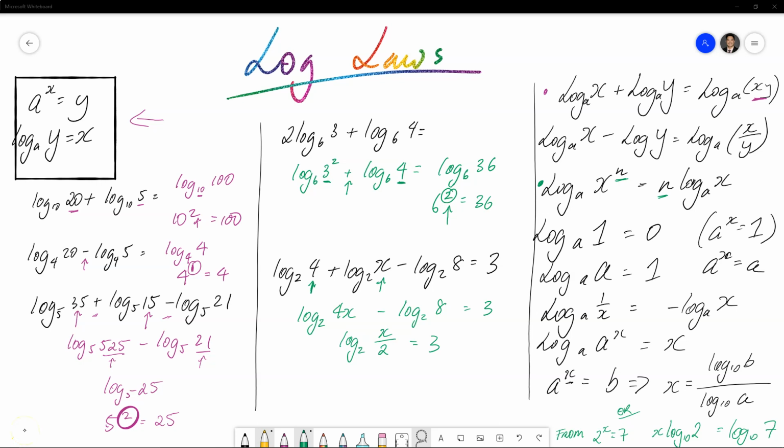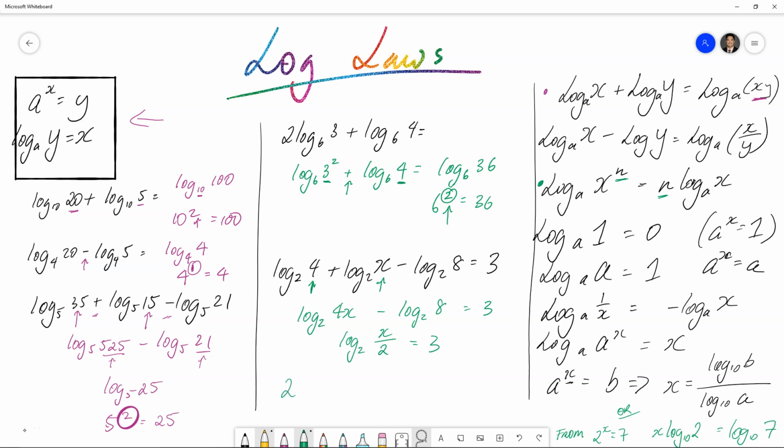Now when we get to this point, let's revert into index form. What we'll end up having is 2 to the power of 3 is equal to x over 2. So we're no longer looking for what the power is like in the previous questions.